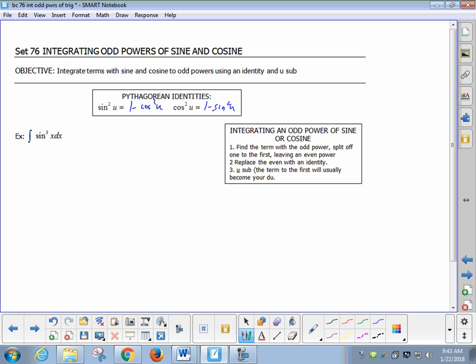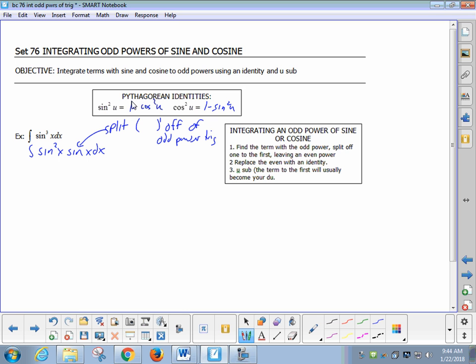Well then, the technique here that you'll use is to do a little bit of splitting first and foremost. When you have an odd power, you're going to split a single first power term off of the odd power term. Okay?